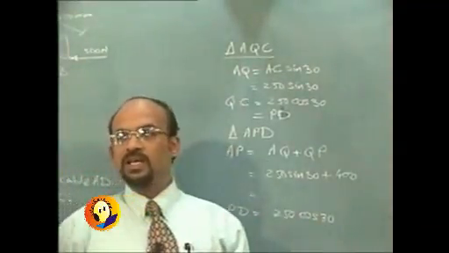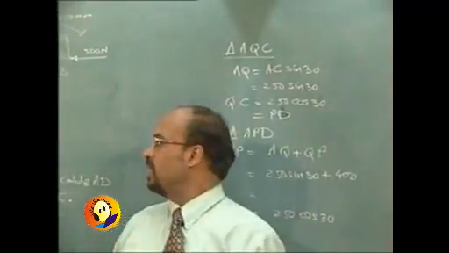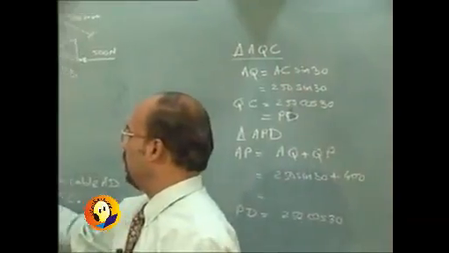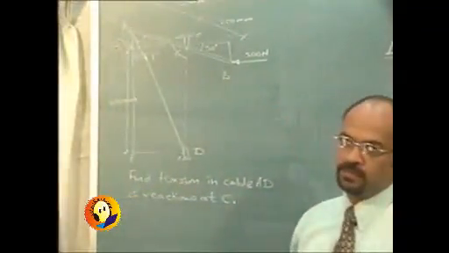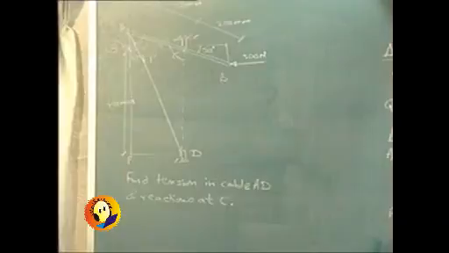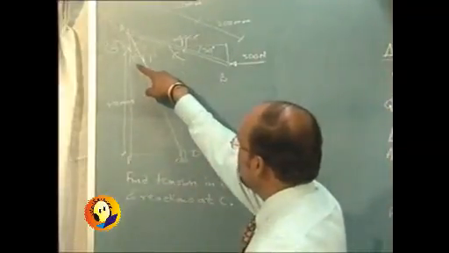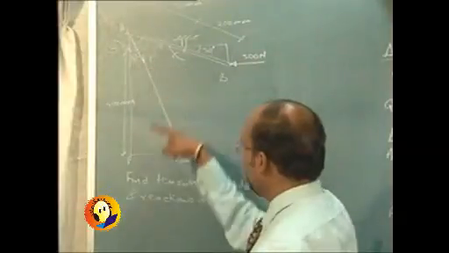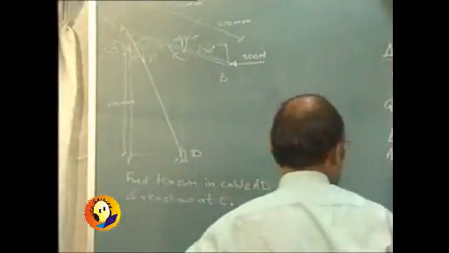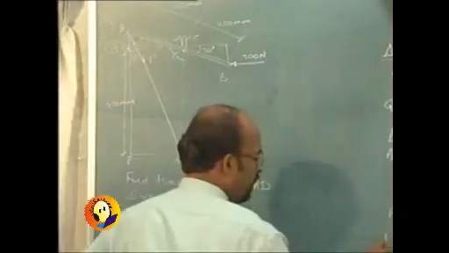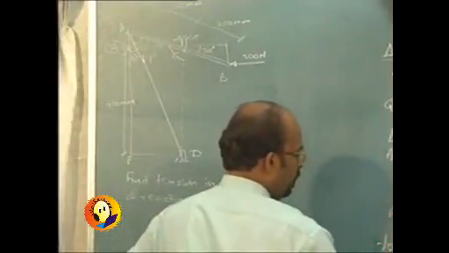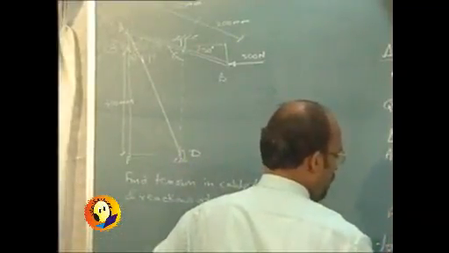So with these two sides of the triangle, which is a right angle triangle over here, now we can determine sin theta or tan theta. Tan theta will be equal to PD upon AP. So let us write tan theta, which is equal to PD upon AP.